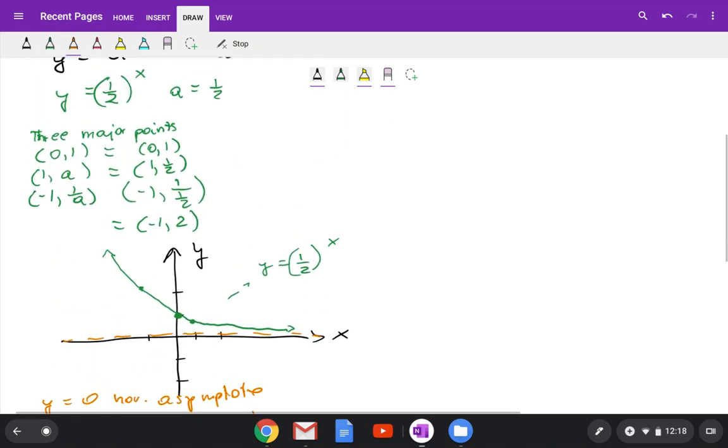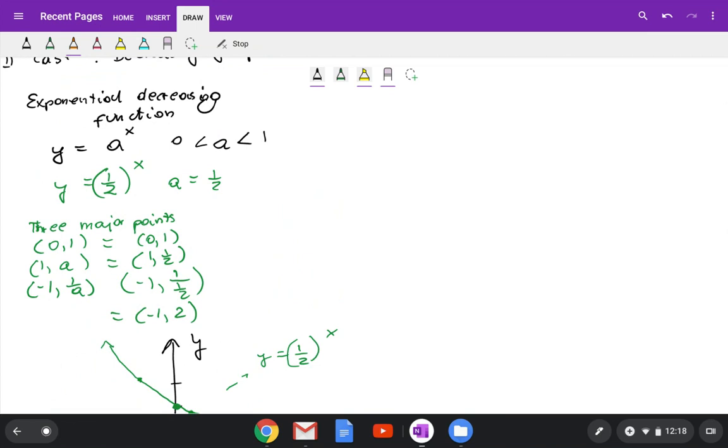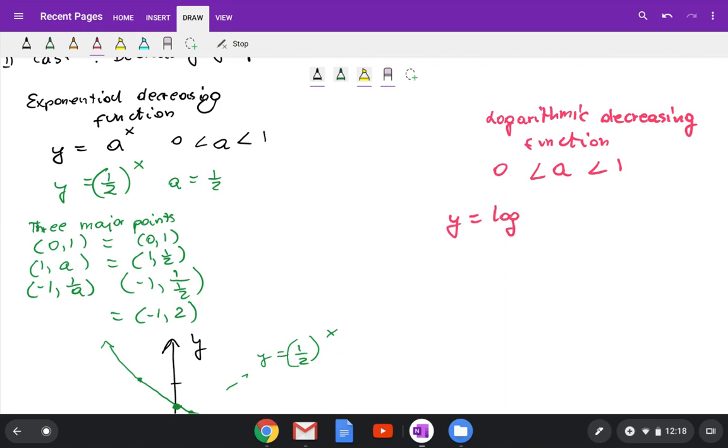Now we're going to use that information to graph the logarithmic decreasing function. That always happens when the base of the logarithm is between 0 and 1. We're going to graph y equals log base a of x, and we'll use an example: y equals log base 1/2 of x.